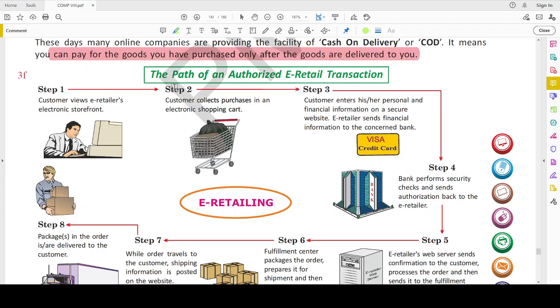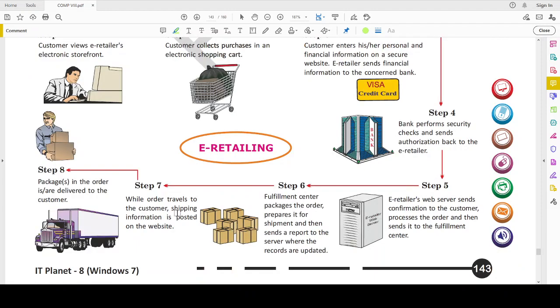Then in that case, the items in the shopping cart will go to the fulfillment center directly and will be shipped to your doorstep. Then you will make a payment for the item. So that is a variation: you can pay either before the delivery, or you can pay after the delivery. So these are the two variations, right?